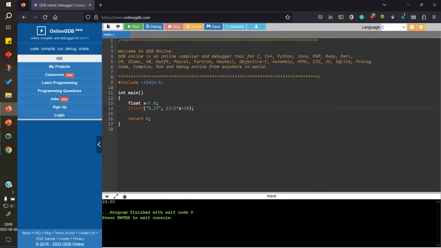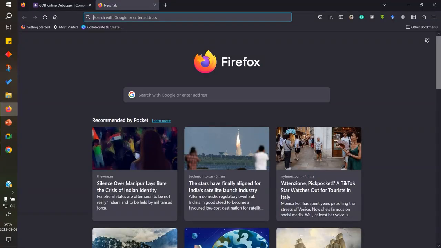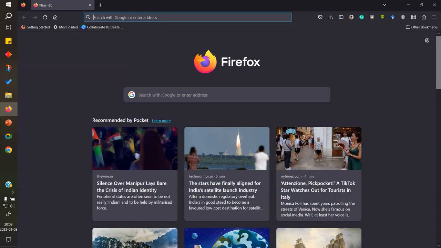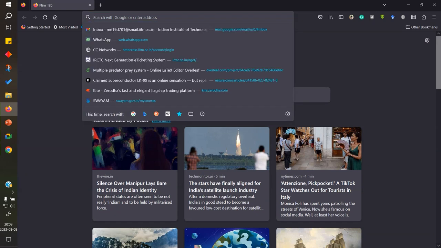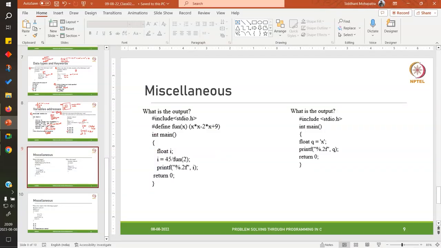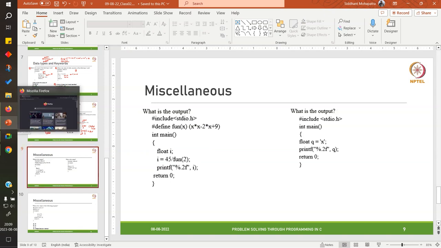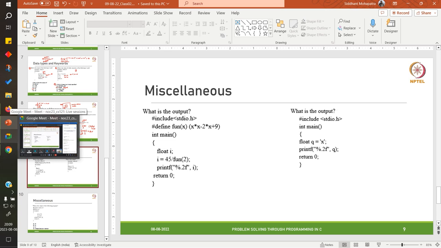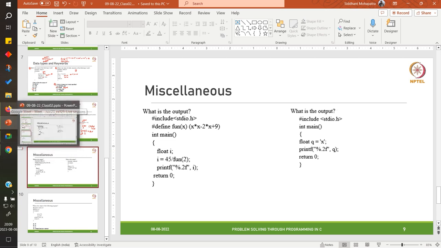Okay, the PDF is not available to you. Is the link not shared with you, or are you not able to open the PDF? Okay, then I'll do one thing. I will give you a link for the folder where I put all the PDFs so that you can directly access it. Probably they will put it on the SWAYAM portal soon, but I will give you the link right now.